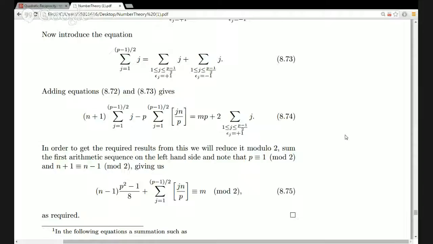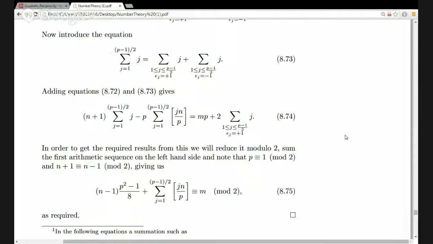QP is equal to minus 1 to the power m, where after this result here, we know that m is congruent to just the sum from j equals 1 to (p minus 1) over 2, and you're just adding up the floor of j times q over p.